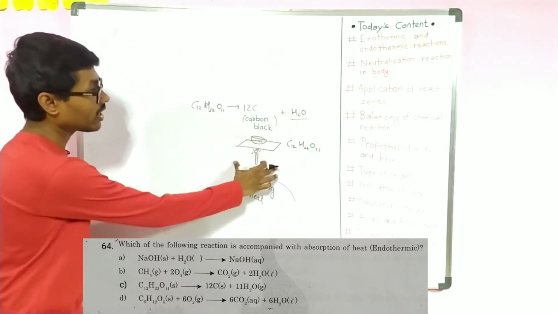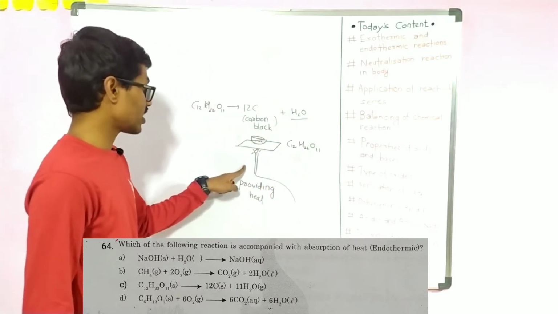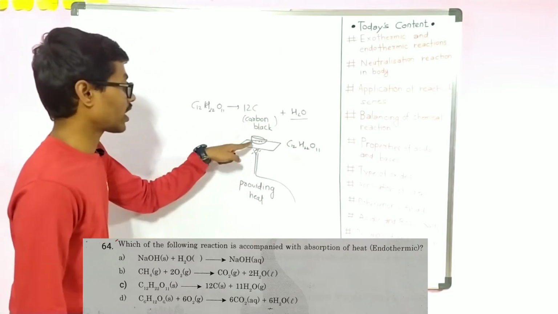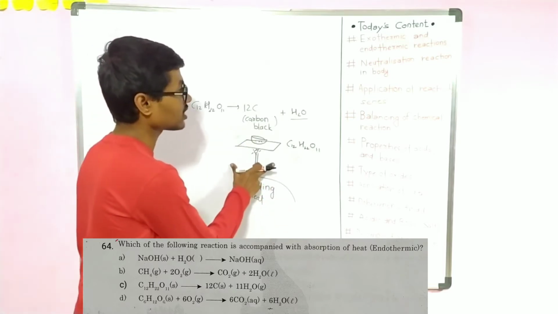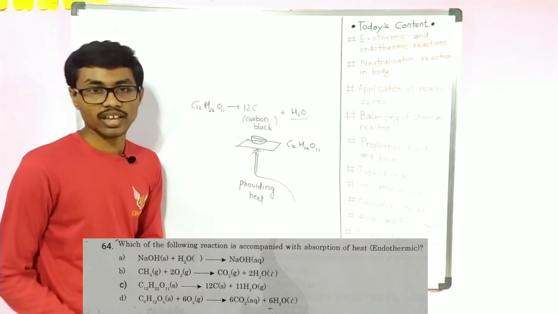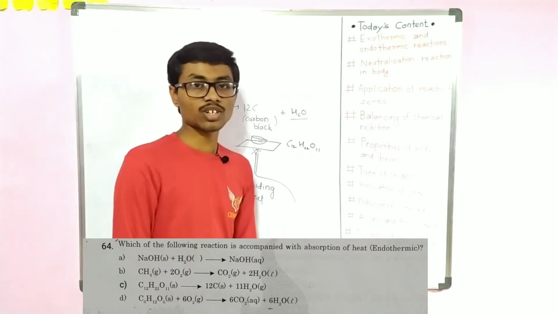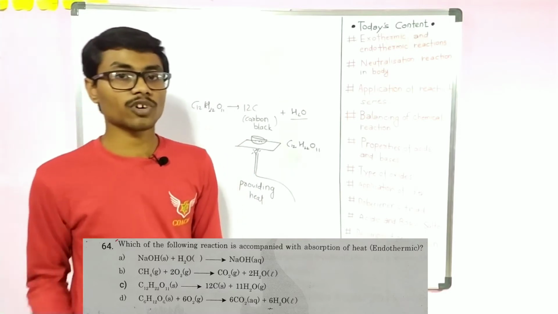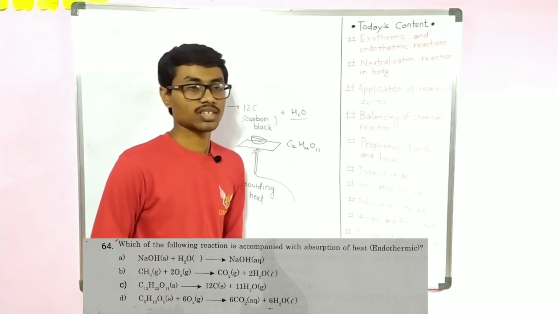We have to provide a lot of heat, we have to provide heat to the system. So this reaction is endothermic in nature. So option C gives us an endothermic reaction. The correct answer for this question is option C.